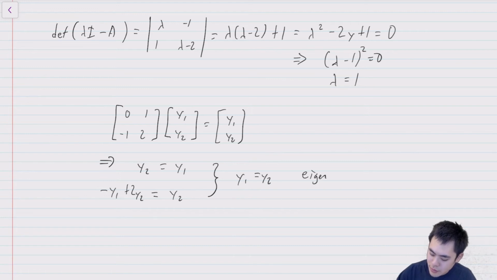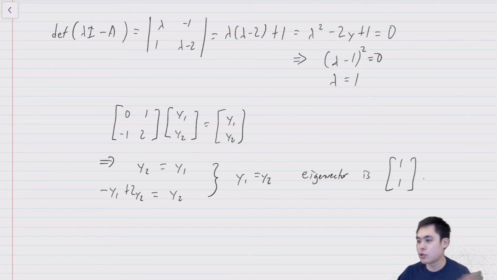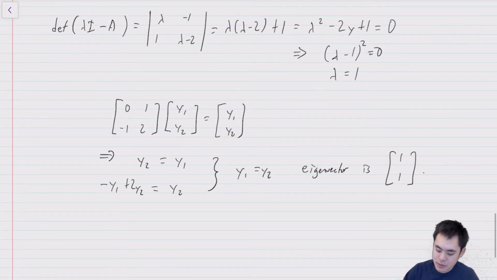So the eigenvector, there's only one degree of freedom. The eigenvector is just 1, 1. Or minus 1, or whatever. It's some c times 1, 1. But let's just use that as our eigenvector. So that means that we have some solution. Let's see, what would that be? That would be lambda to the t.